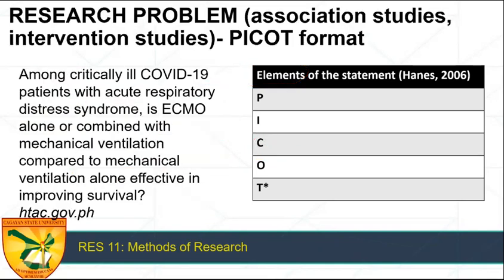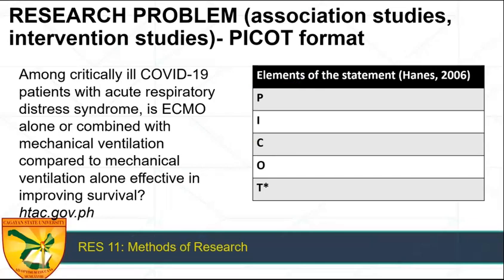So here's another example. I want you to try to answer this in the PICOT format, and I'll give you 15 seconds for this. Okay.